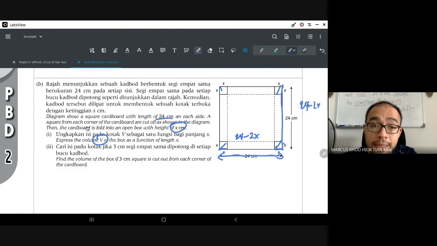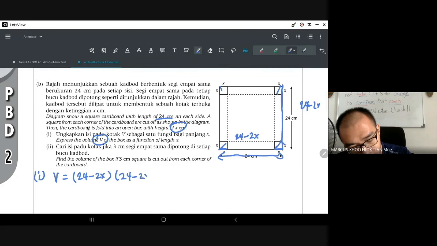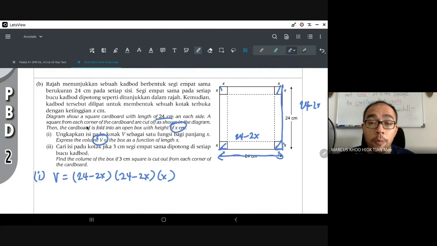So the base length times the base length times the height. So number 1 will be V equals 24 minus 2x times 24 minus 2x times the height. The height will be x. It will be an open box lah, but there's still a height over there. We just want to know the volume. So you expand this and you get the final answer.